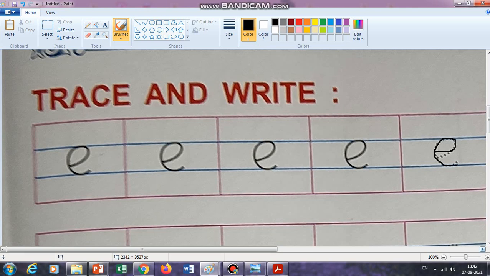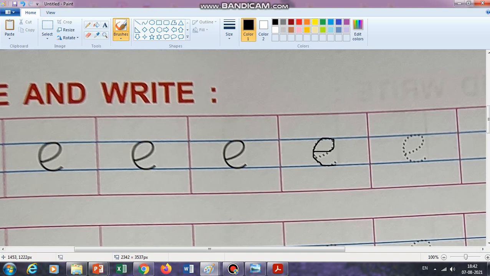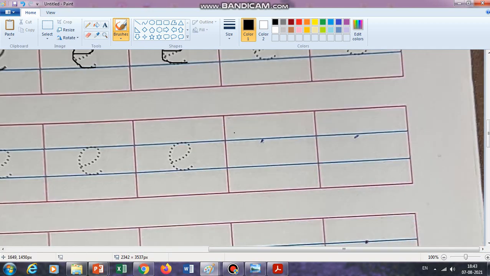E, small e. One more time, sleeping line, go up and curve touching the blue line. Sleeping line, go up and make a curve touching the blue line.